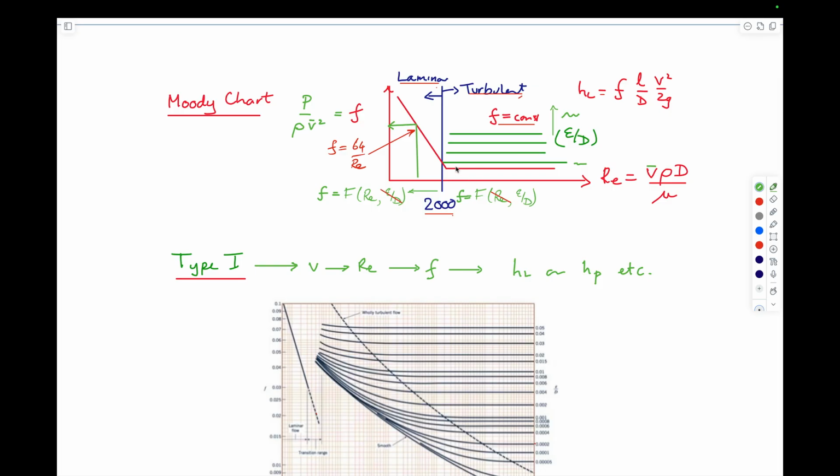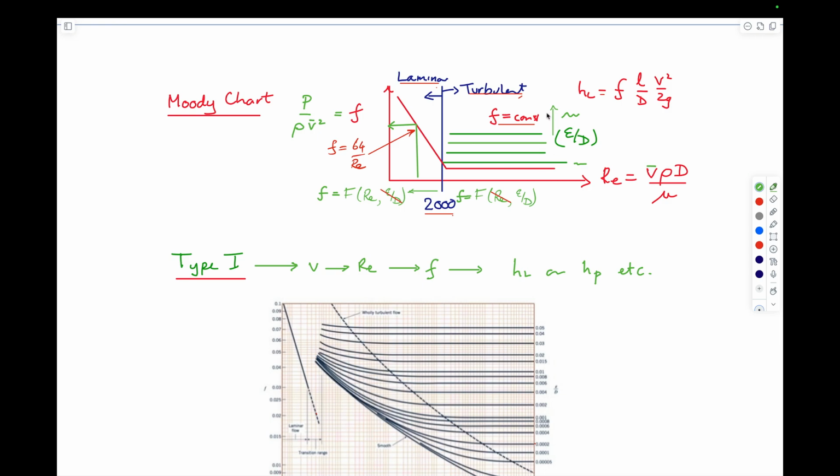And in the turbulent regime, for any given relative roughness, you define a friction factor as one of these lines. Then for any value of the Reynolds number past the threshold into turbulence, the friction factor would always be constant. These individual lines vary with relative roughness.